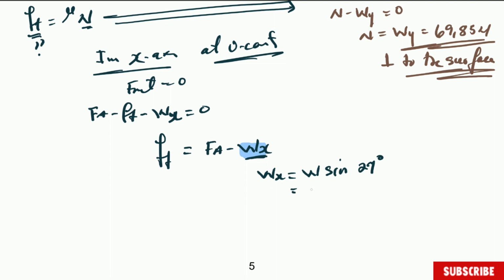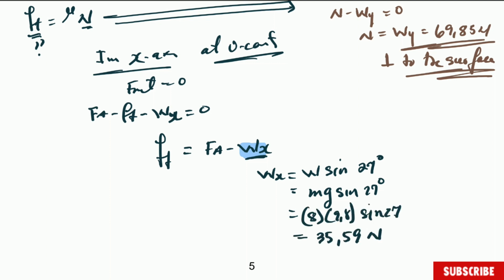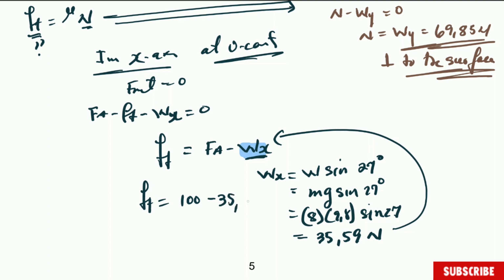So when you calculate this one, you have mass times acceleration due to gravity multiplied by the sine of 27 degrees, and then you substitute everything here. And guys, this one is what we substitute to calculate the frictional force right in there. So frictional force is equal to applied force, which is 100 minus the 35.59, and that gives us 64.41, and we are almost done.